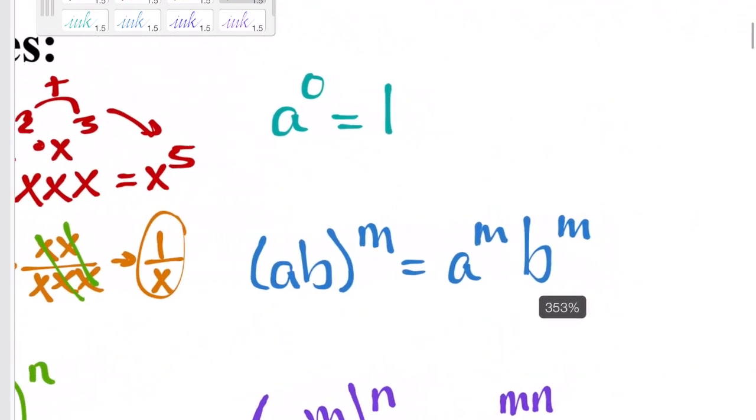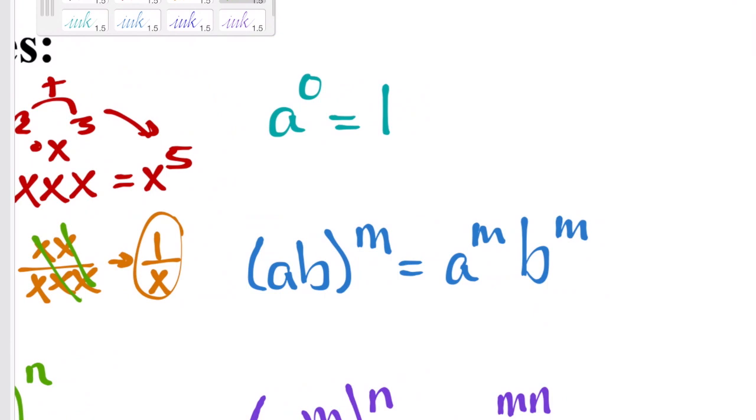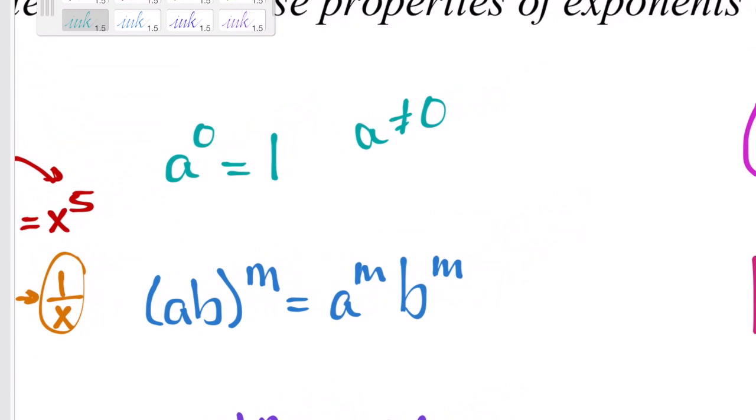And then we have the little rule of a to the 0 power. Anything to the 0 power, as long as a is not equal to 0, is going to give you 1. And I like to show a little example of that. So if I start with 3 to the first power, that's just going to give us 3. 3 squared, in order to get from 3 to 3 squared, that means I'm multiplying 3 times 3, which gives me 9. 3 cubed, I'm multiplying by another 3, so that would give me 27.